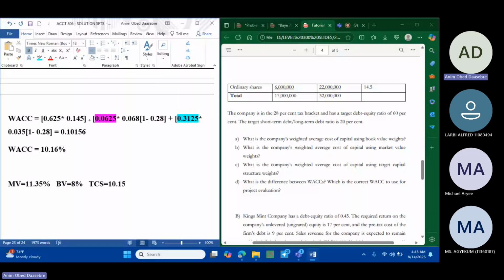Yeah, so these are the values for the various sources of valuation. The market value was 11.35, book value was 8%, target capital structure 10.16%.